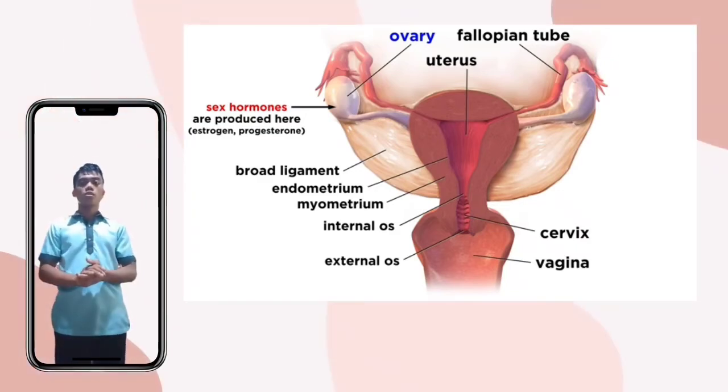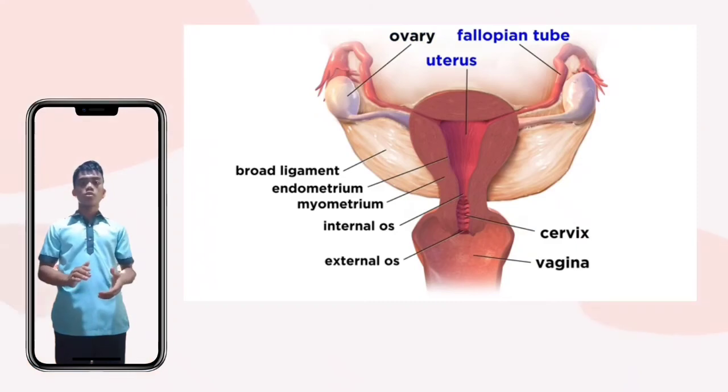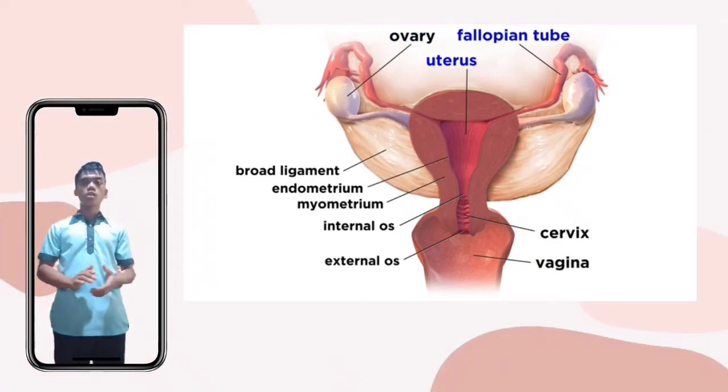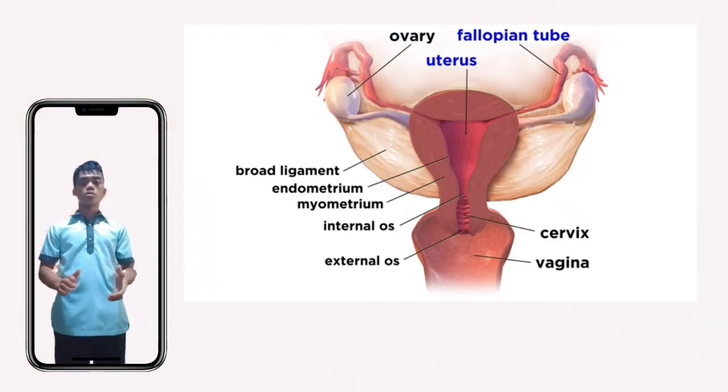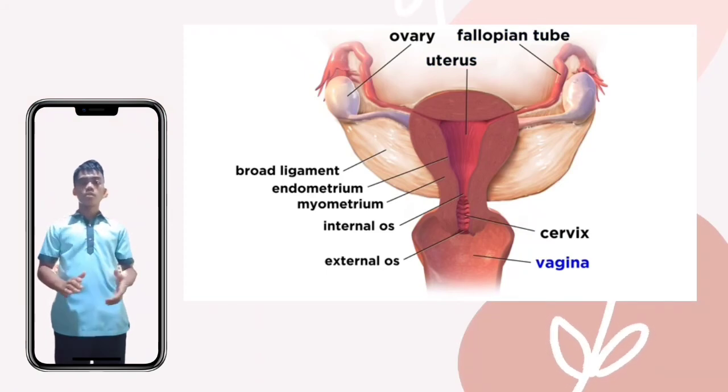In addition, there are accessory ducts, which are the uterine tubes and the uterus. There is also the vagina and the external genitalia of the female.